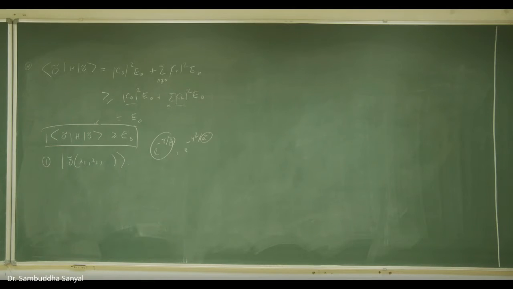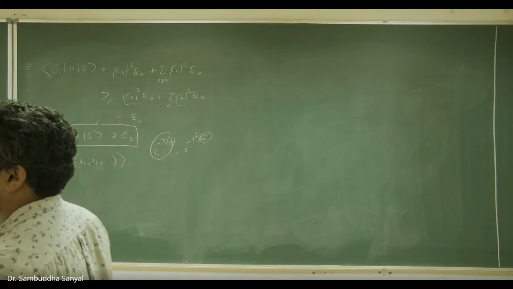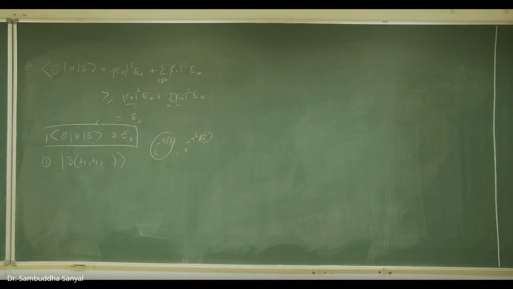That is the conclusion from here. This is what I proved. It means if you have multiple answers, then the better answer is the one which has the lowest energy. So that is the way to see which is better if you have multiple guesses.